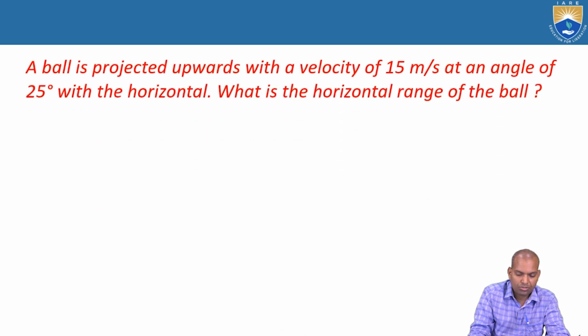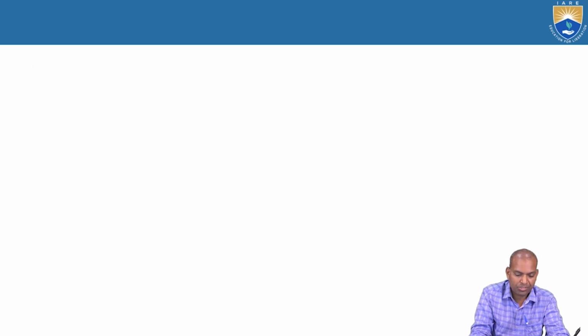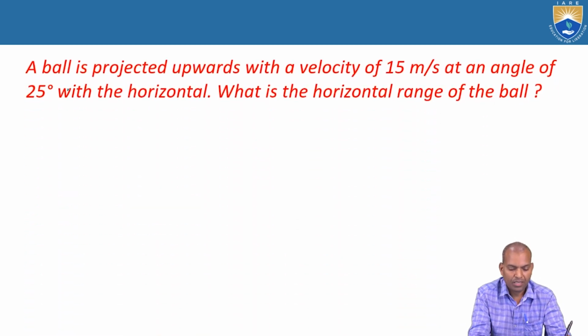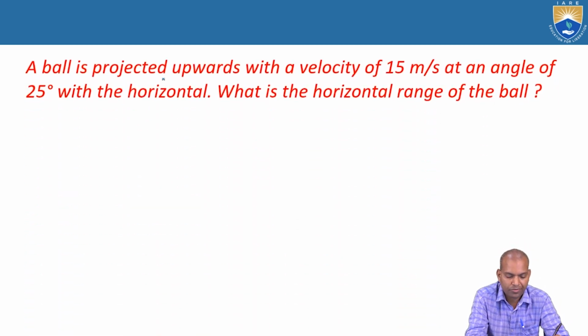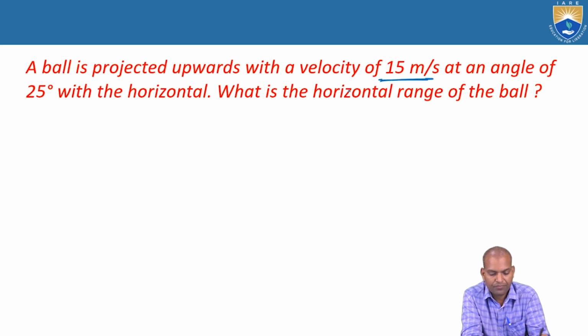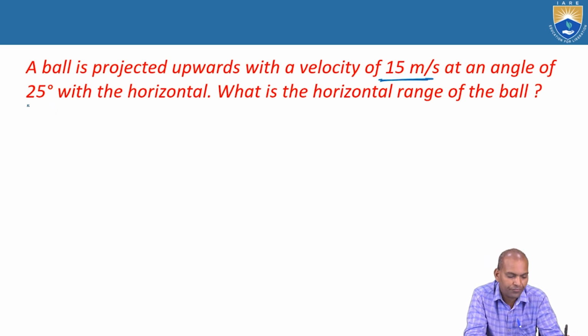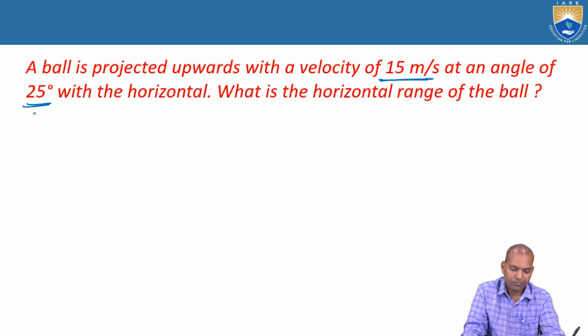Now let us start solving problems based on this concept. The range R equals u square sin 2 alpha by g. A ball is projected upwards with a velocity of 15 meters per second at an angle of projection of 25 degrees with the horizontal. What is the horizontal range of the ball? Very simple.